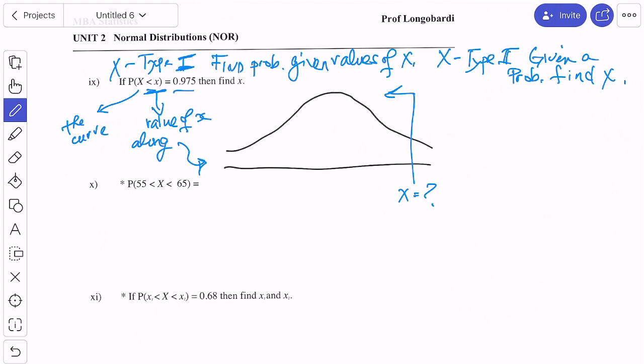And to this point, using only this tool, can you do it? That's the question. Can you pull it off?